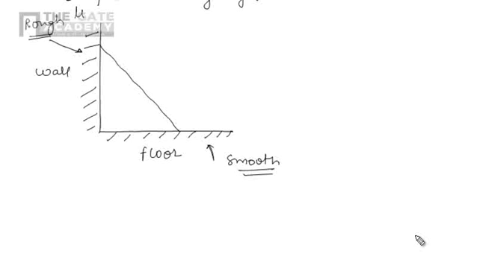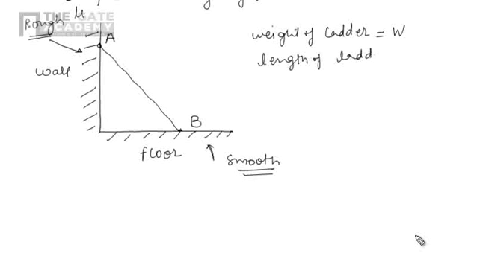And the ladder has contact with the wall at point A, and with the floor at point B. The weight of the ladder is suppose W, and the length of the ladder is suppose L. So now we are interested in the free body diagram of the ladder.